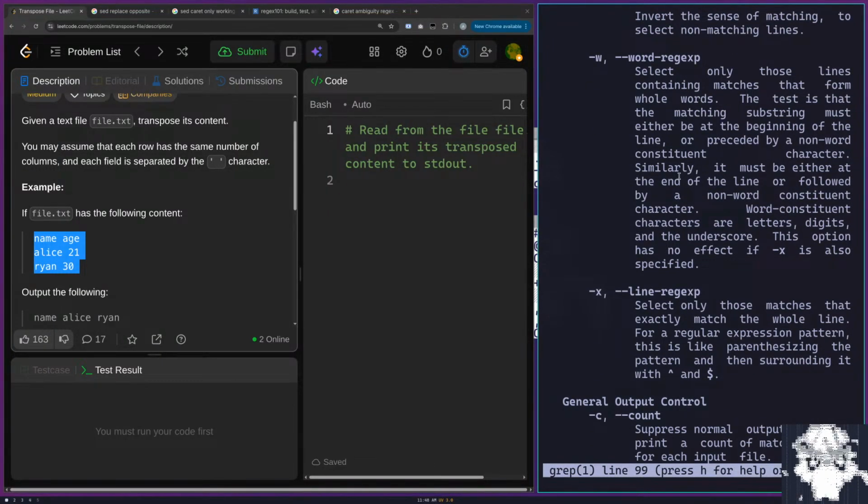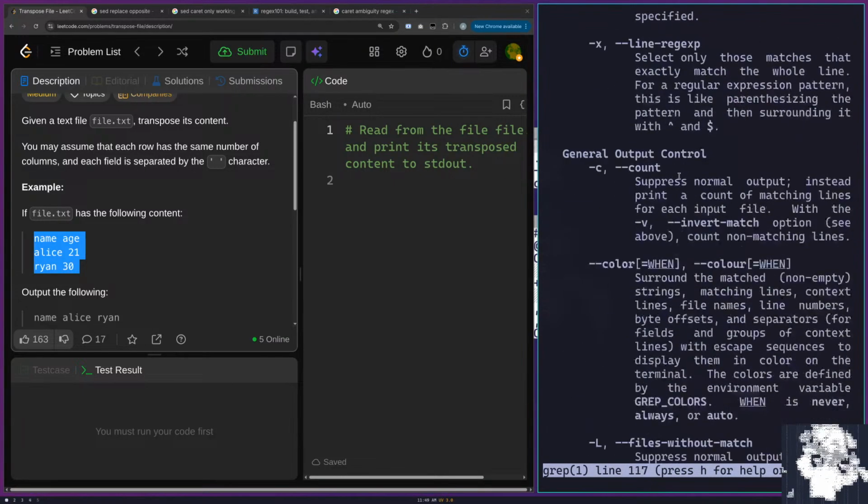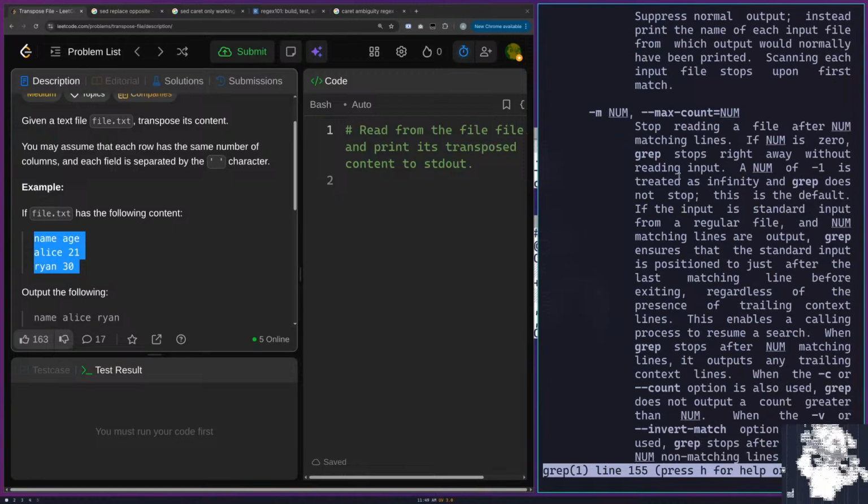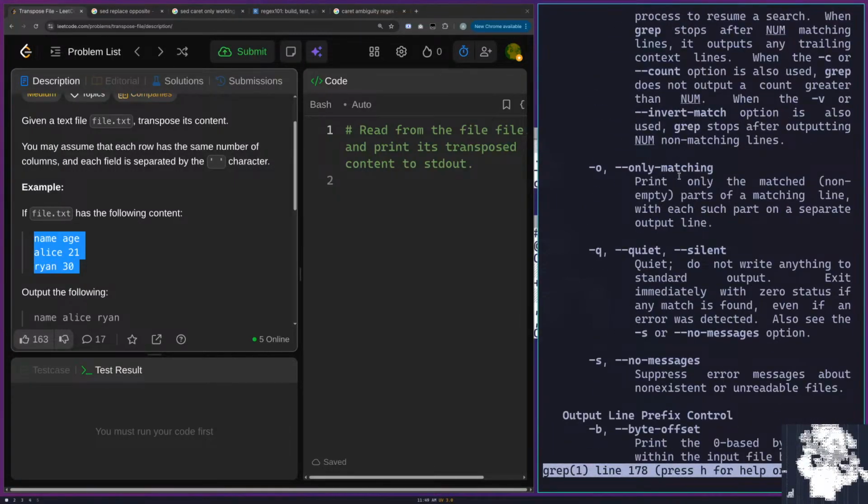Select only those lines containing matches that form whole words. The test is that the matching substring must be either at the beginning of the line or preceded by a non-word constituent character. Print only the matched parts of the matching line. -o.